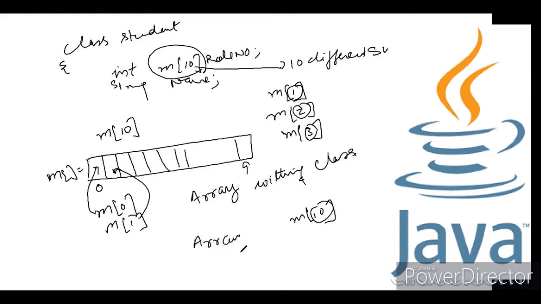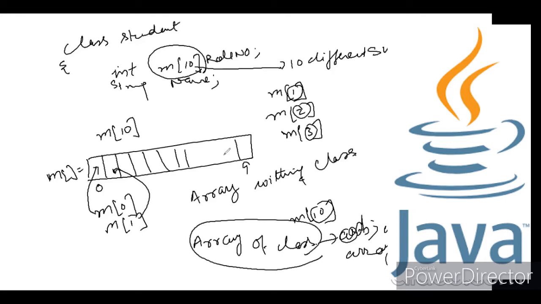Array of class. Declaring object arrays is also called the array of class concept, and this concept is called array within class.